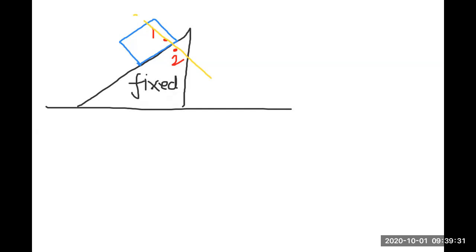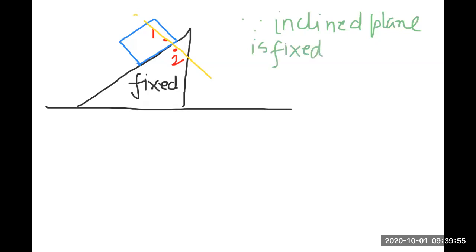Now, since the inclined plane is fixed, therefore the acceleration of point 2 in this direction is equal to 0.